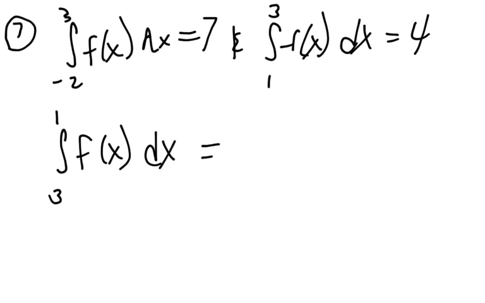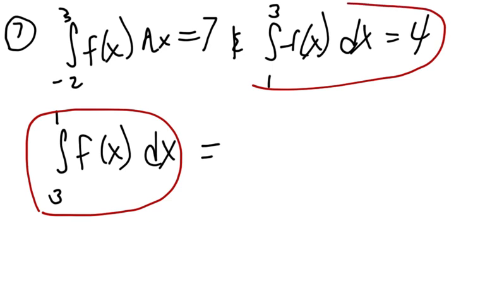So for this one, notice it's the same thing here as it is up here, except we've switched the upper and lower limits of integration. So all I have to do is change the sign on that answer because of the property that we talked about in our last example.